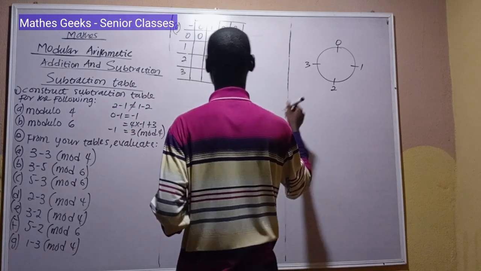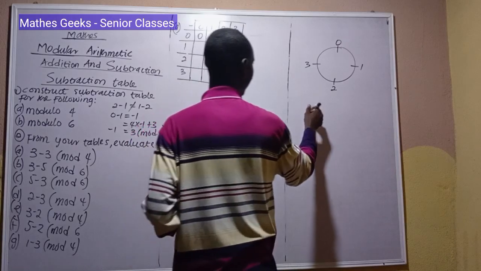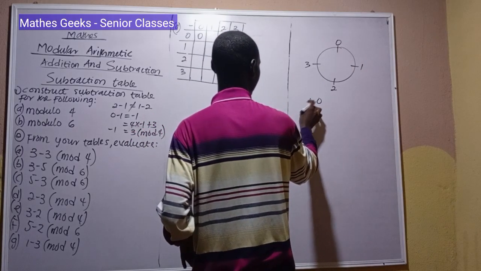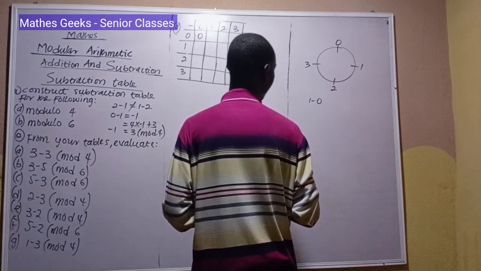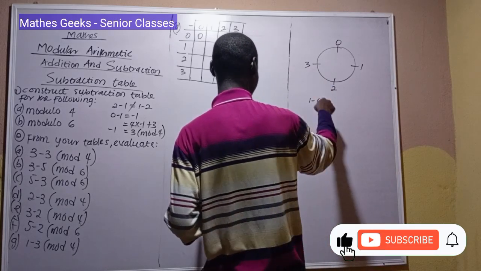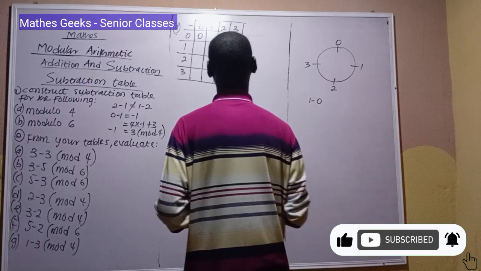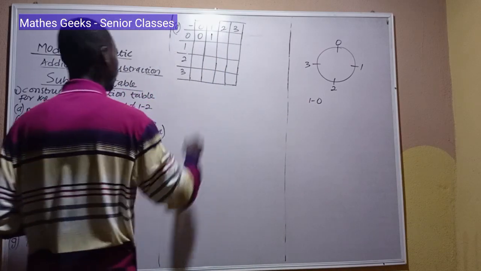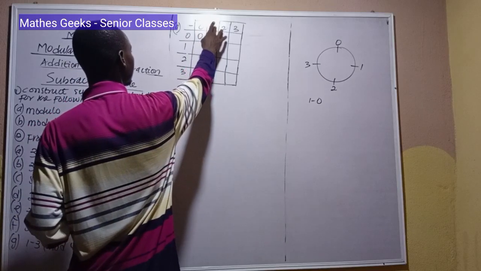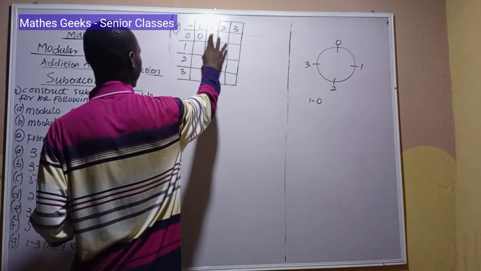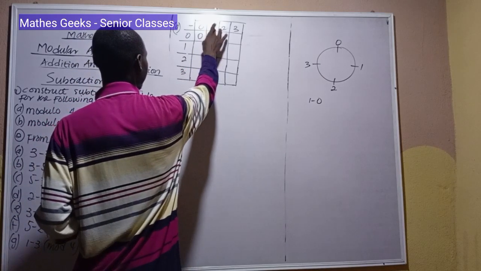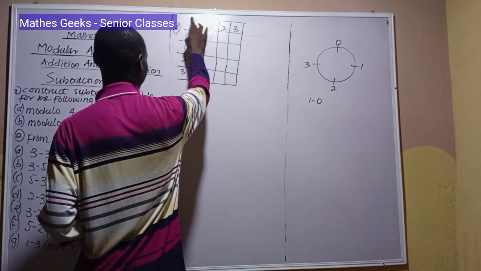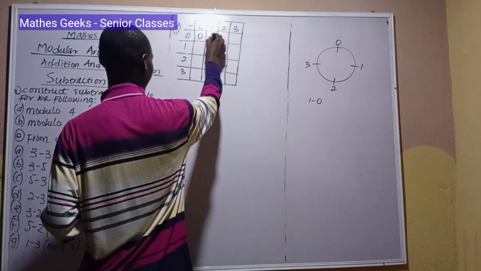Now, it all depends on where I am starting. 1 minus 0: start at 1, move 0 times backwards. That means there's no movement, so it will be 1.